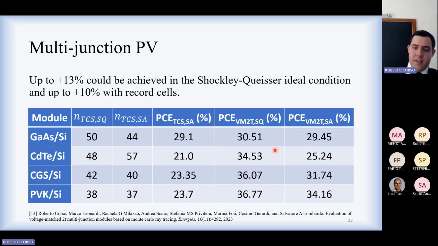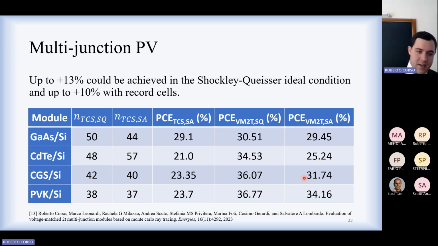Here we see the resulting efficiencies, and compared to the 29.4% limit of single junction silicon photovoltaics, we see that higher values can be achieved by combining two different junctions in parallel.